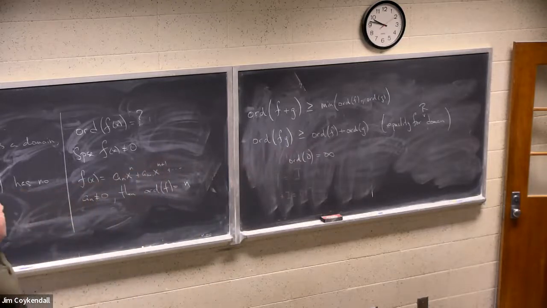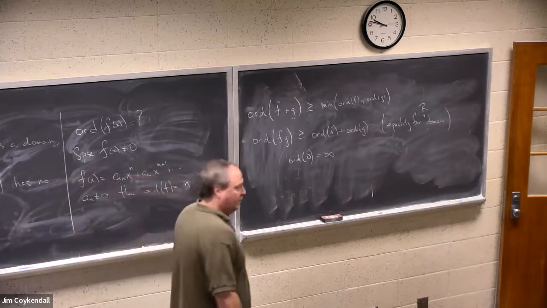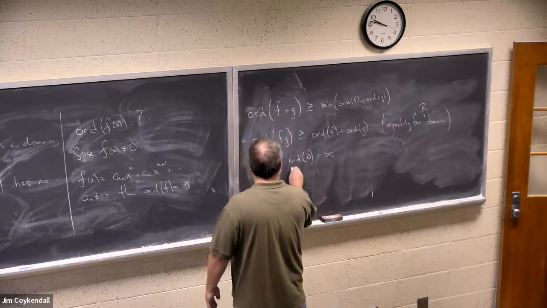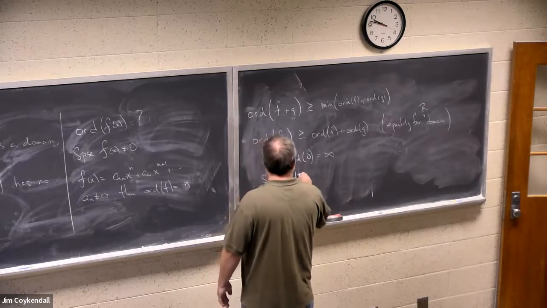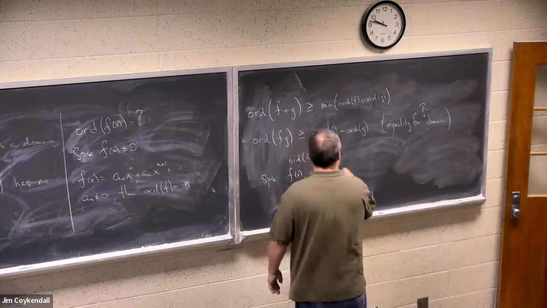Okay, so with that in mind, we need to show that this has no non-zero zero divisors. So suppose that f of x and g of x are not zero.